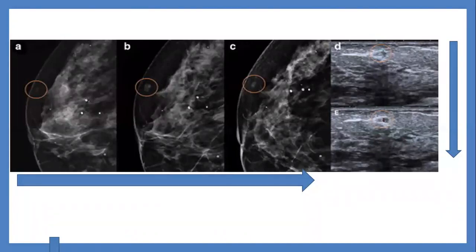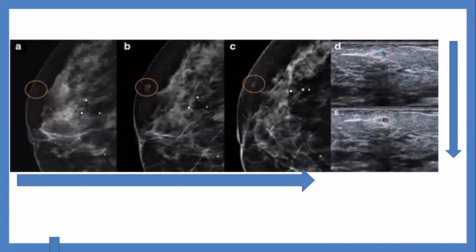It showed maybe isodense to the breast intramammary lymph node.